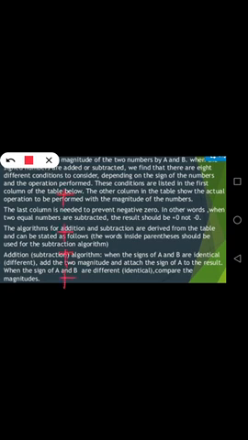So the different possibilities are: it can be plus A, plus B, and we are performing addition. It can be minus A, plus B, addition, and plus A, minus B, addition, minus A, minus B, addition.